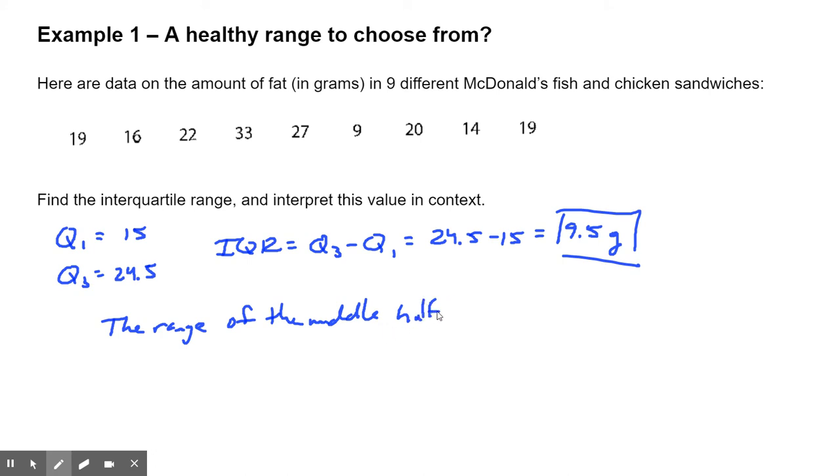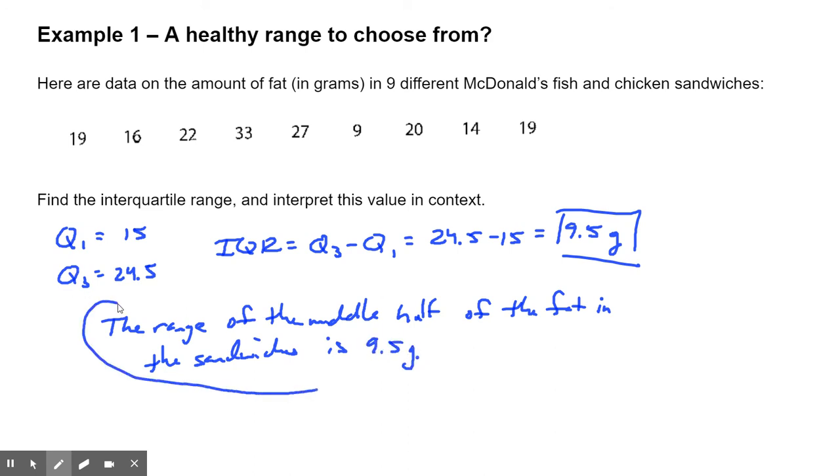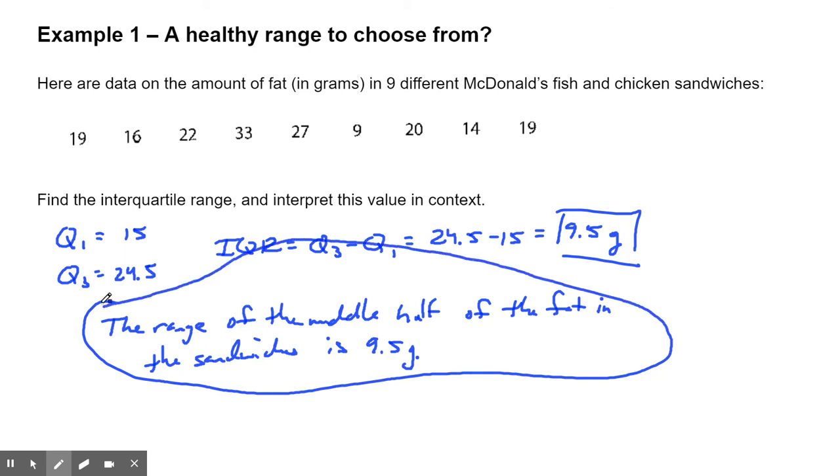The range of the middle half of the fat in the sandwiches is 9.5 grams. And there we go. So use that terminology when interpreting the IQR.